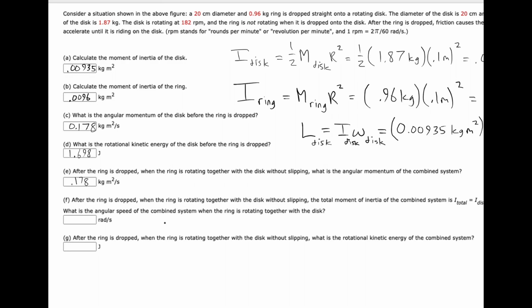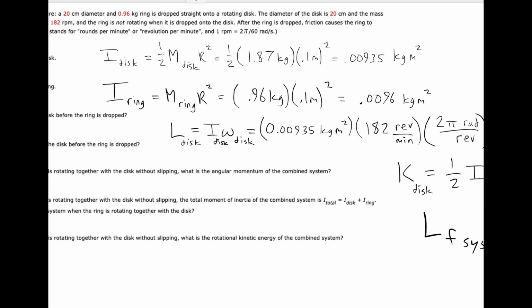What is the angular speed of the combined system when the ring is rotating together with the disk? So we can find that total moment of inertia. Going to add the moment of inertia of the disk plus the moment of inertia of the ring. 0.0190.